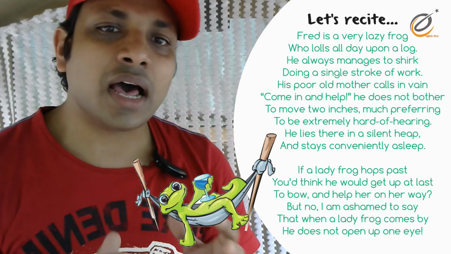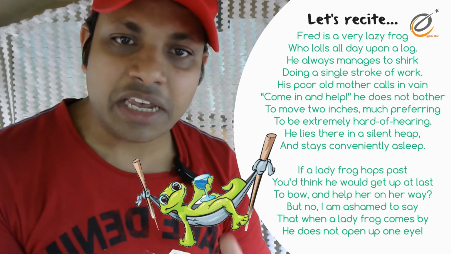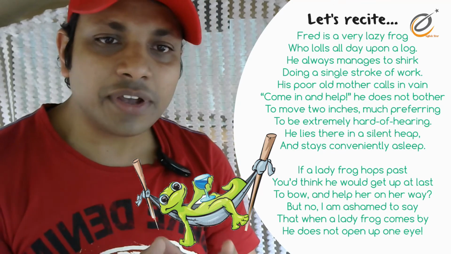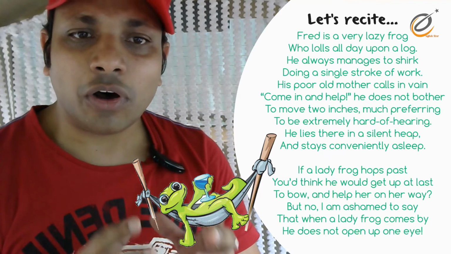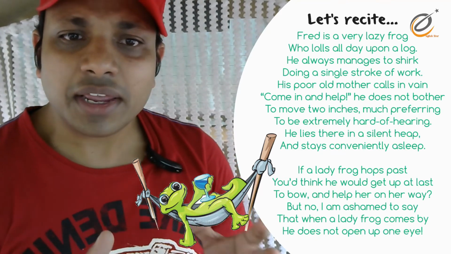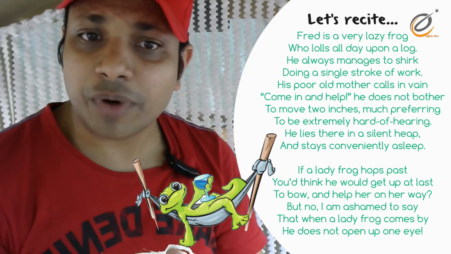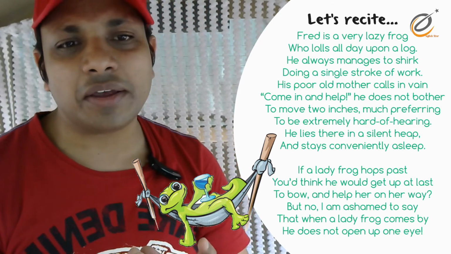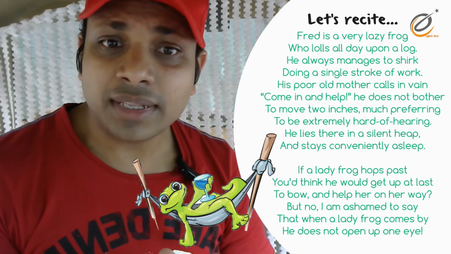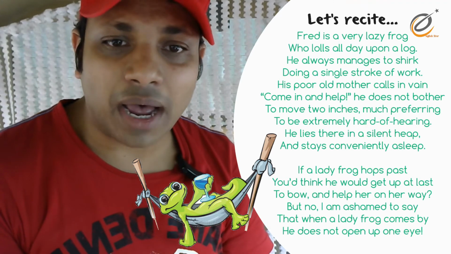He lies there in a silent heap and stays conveniently asleep. If a lady frog hops past, you'd think he'd get up at last to bow and help her on her way. But no, I am ashamed to say that when a lady frog comes by, he does not open up one eye.